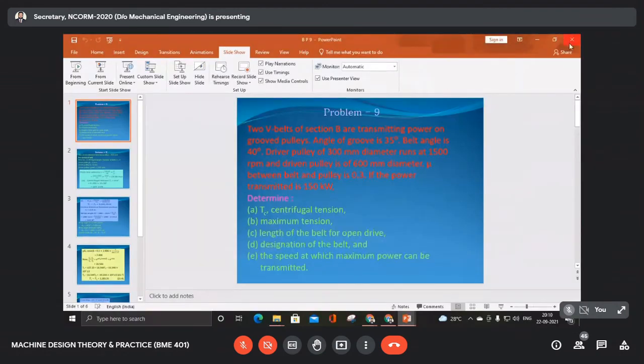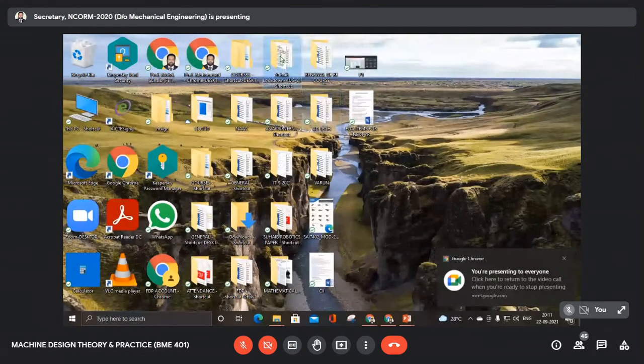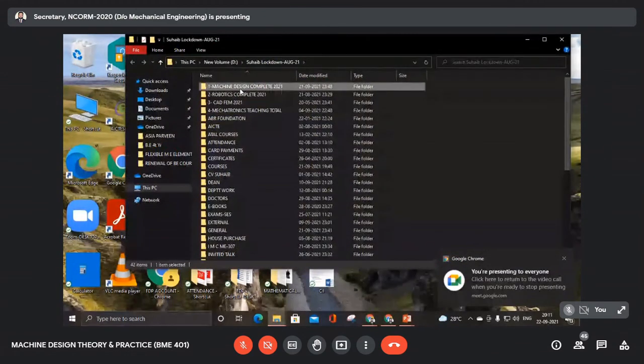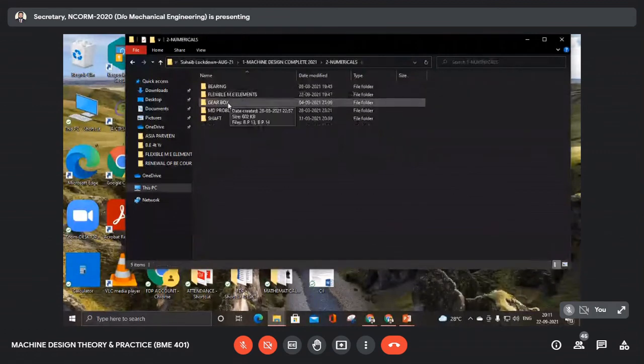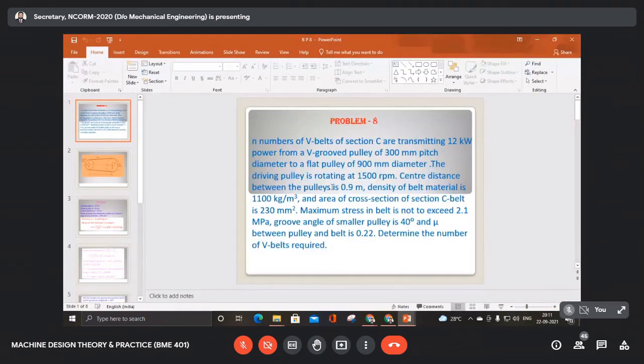एक प्रॉब्लम और नोट कर लें. ये नोट कीजिए ये प्रॉब्लम आप लोग.